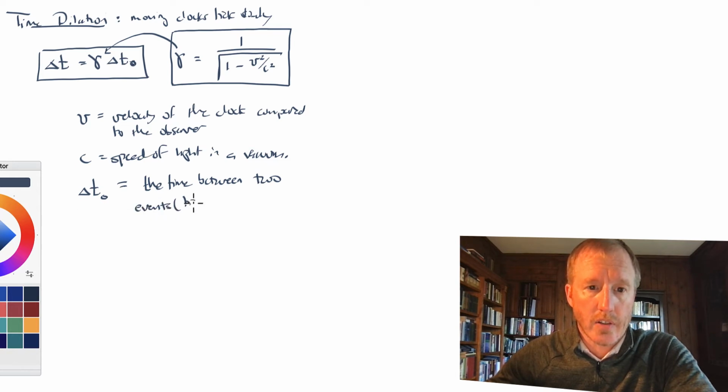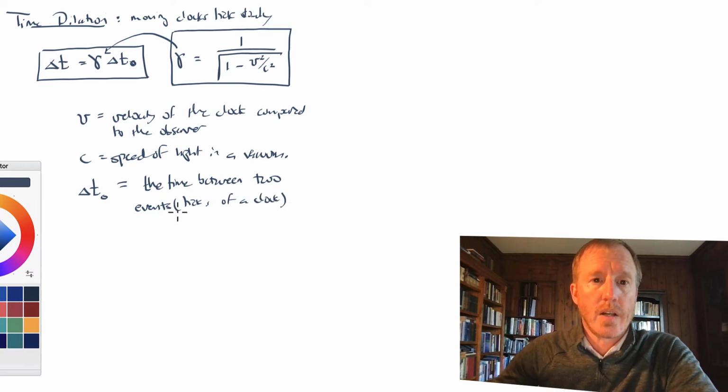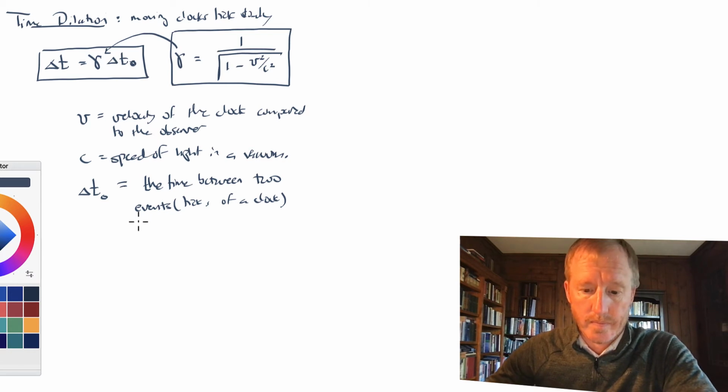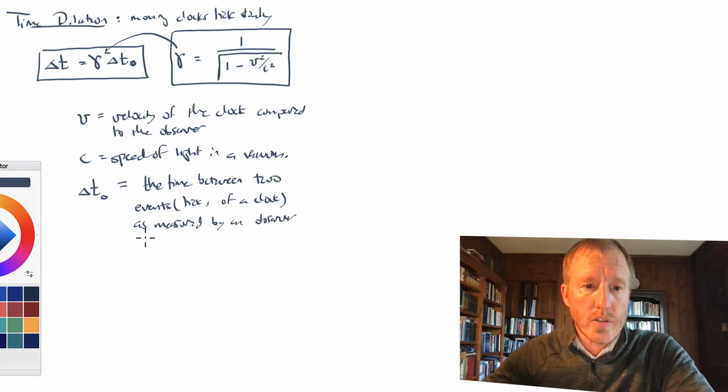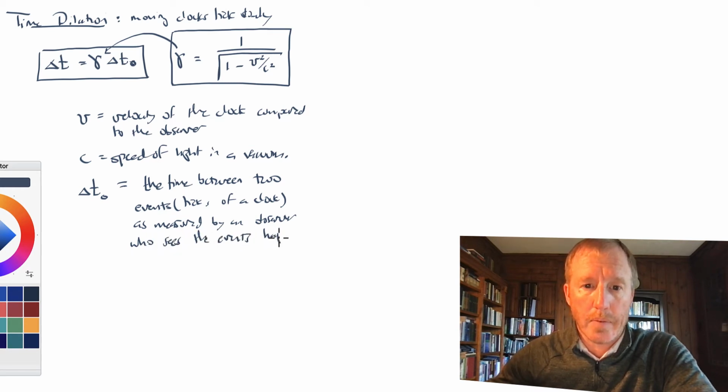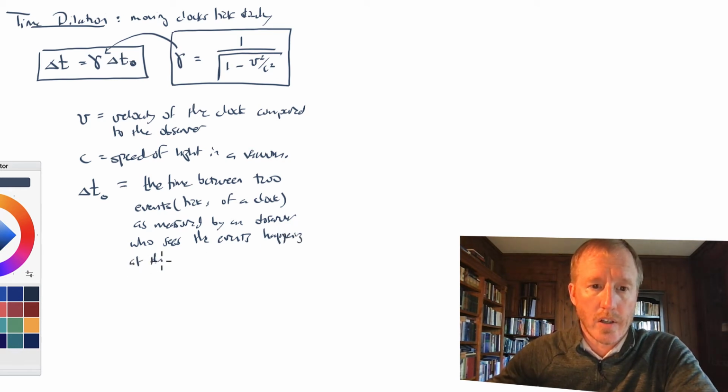Think ticks of a clock, or perhaps the snapping of my fingers. The time between two events as measured by an observer who sees or witnesses the events occurring at the same location.